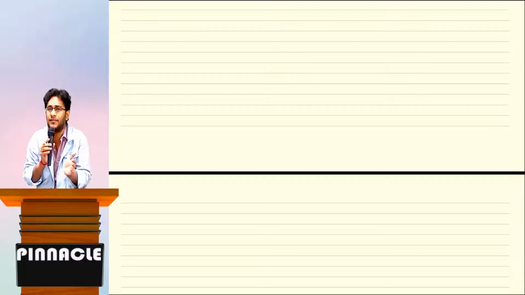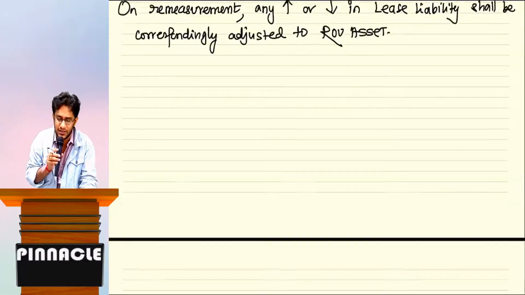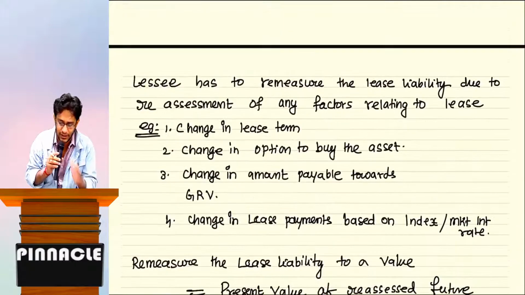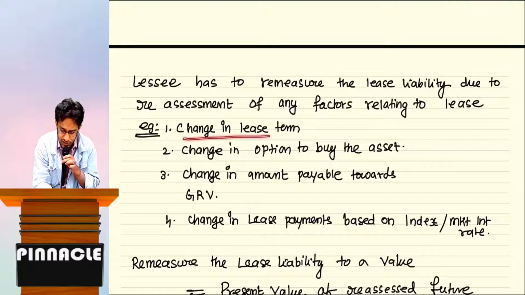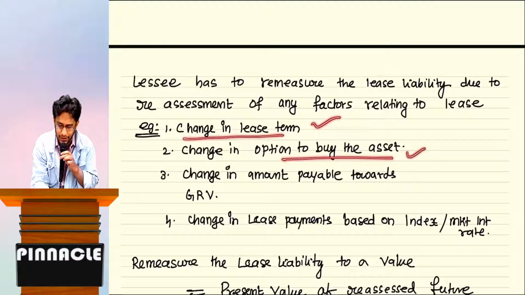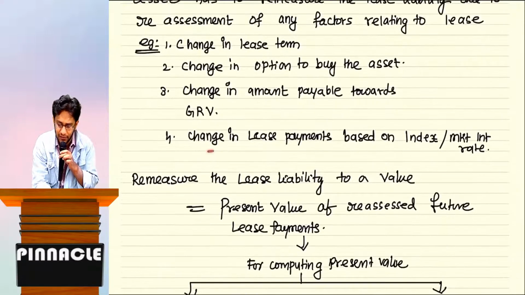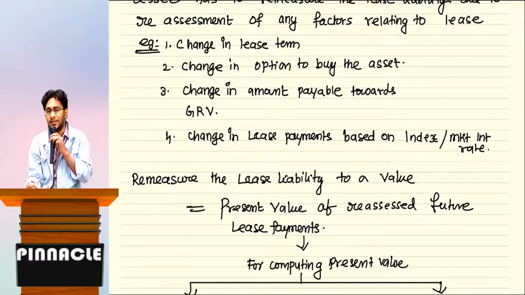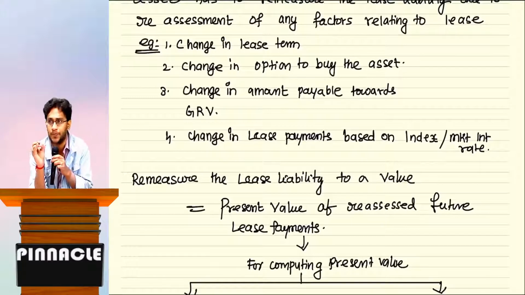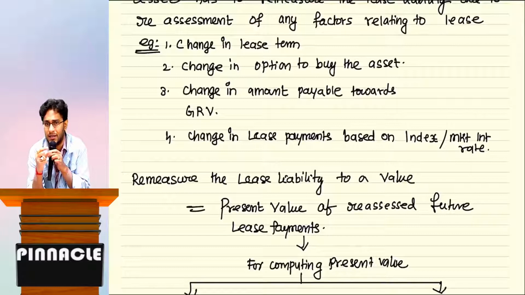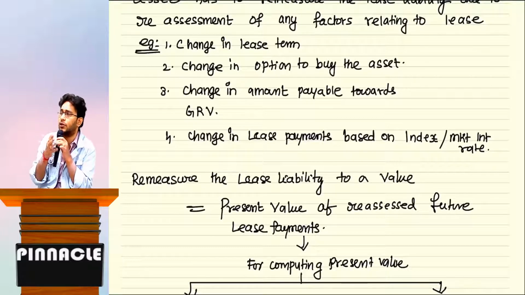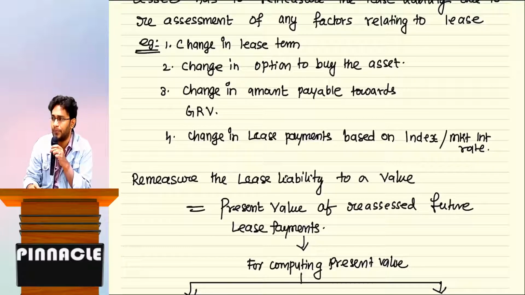Now, as the lease life goes on, subsequently changes in these assessments may come. Examples of that are a change in lease term, a change in the option to buy the asset, a change in the amount payable towards GRV, or of course, if it is a variable payment, as you have seen yesterday, on the date of commencement, whatever index is there, using that only you project all the variable lease rents originally.